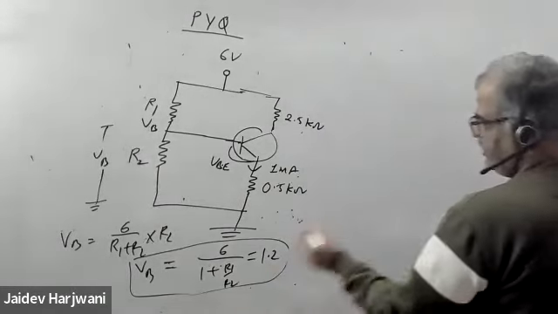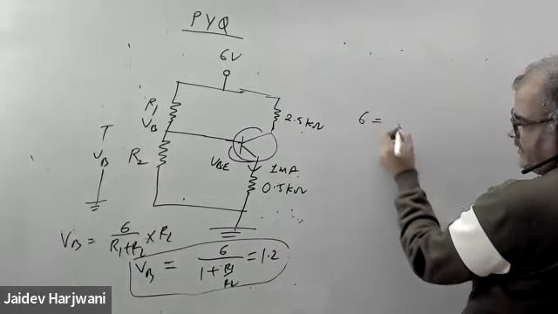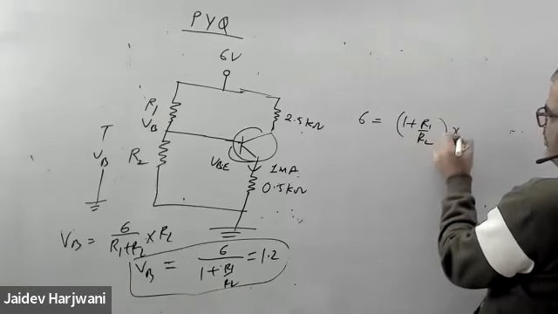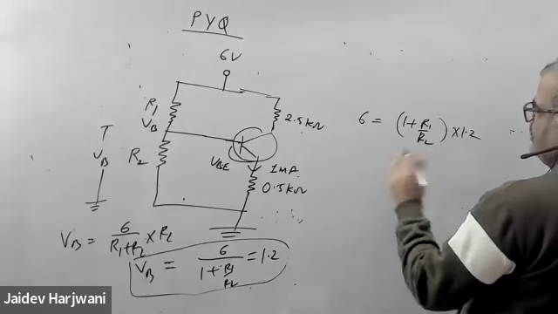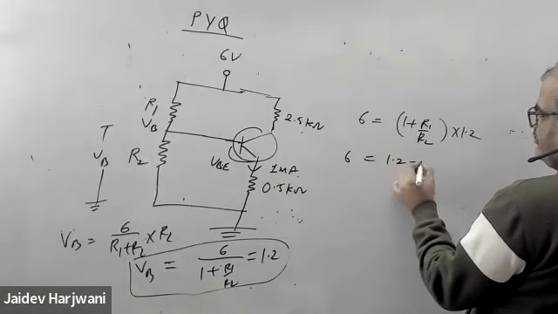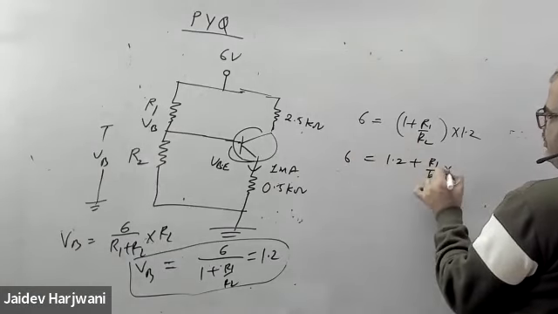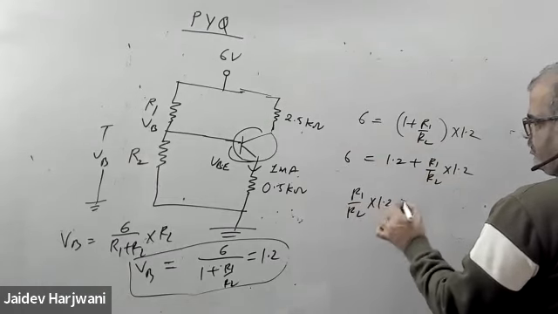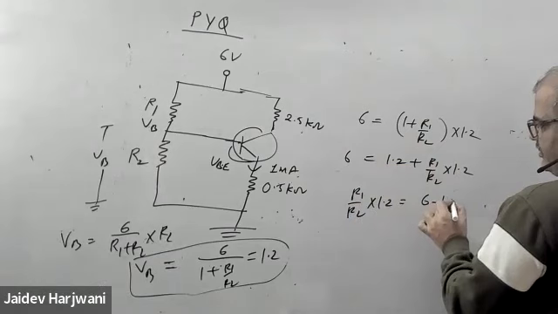So you have this VB. So you get 6 upon (1 plus R1 upon R2) equals 1.2. So you multiply: 6 equals 1.2 plus R1 upon R2 into 1.2. So R1 upon R2 into 1.2 will become 6 minus 1.2.